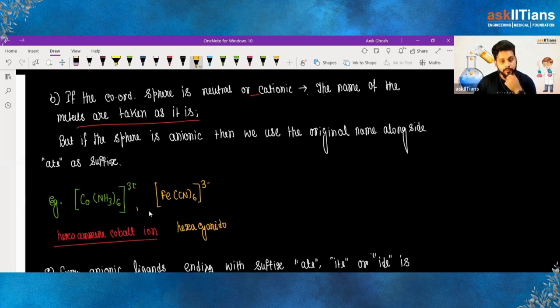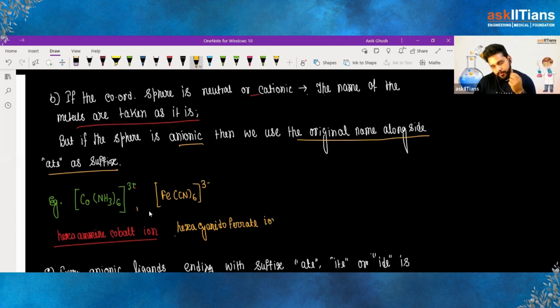Sorry, we have taken a negatively charged system. If it is a negatively charged system, an anionic complex, we use the original name of the metal with -ate. The original name of the metal is ferrum, ferrous or ferric is the word. So hexacyanidoferrate is the name of this one.